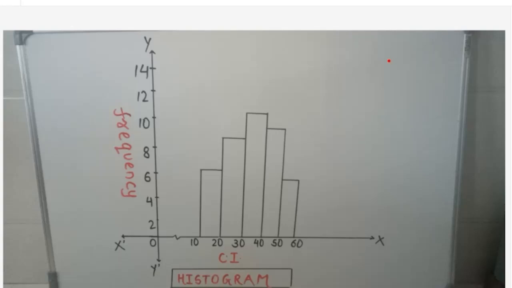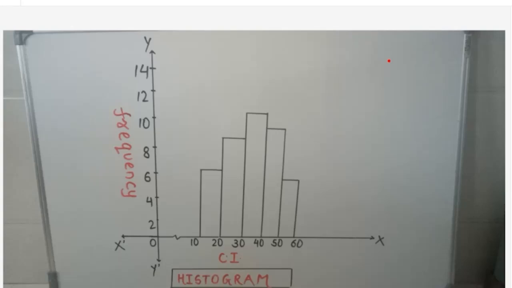Because of that reason, we call continuous type of data overlapping data. Overlapping because the upper limit and the lower limit of the consecutive class intervals coincide.